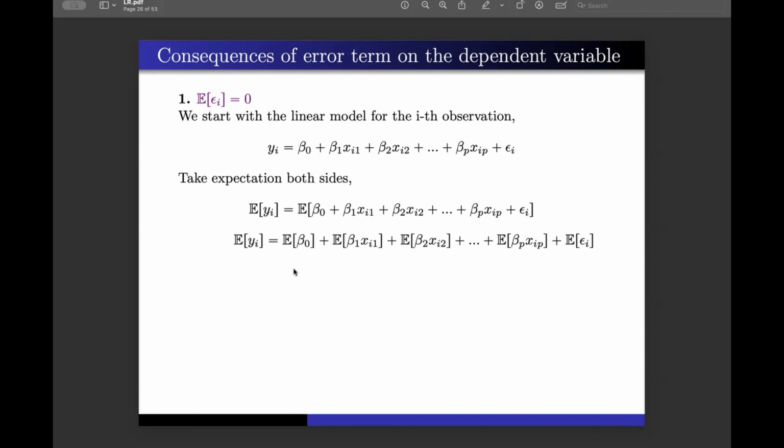So the expectation of beta naught would be beta naught. And for beta 1 xi1, beta 1 is an unknown fixed quantity and xi1 is a fixed quantity. So if you multiply these two quantities, you still have a fixed quantity. The expectation of a constant is a constant. We apply this logic here and we get that the expectation of beta naught is just beta naught, the expectation of beta 1 xi1 is beta 1 xi1, so on and so forth.